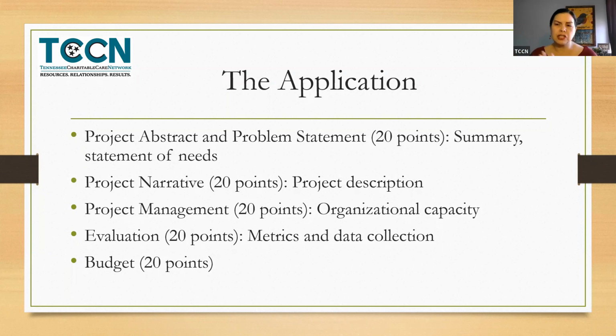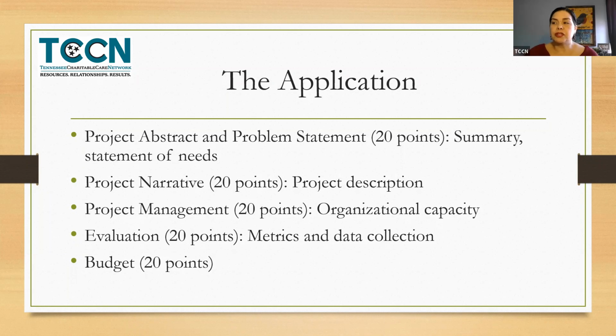There's essentially 5 sections. Now, the project abstract or problem statement, others call it summary, others call it statement of needs, but usually it's just a couple of paragraphs, or maybe just 1 page, explaining what is this grant for and how you are planning on doing the work.